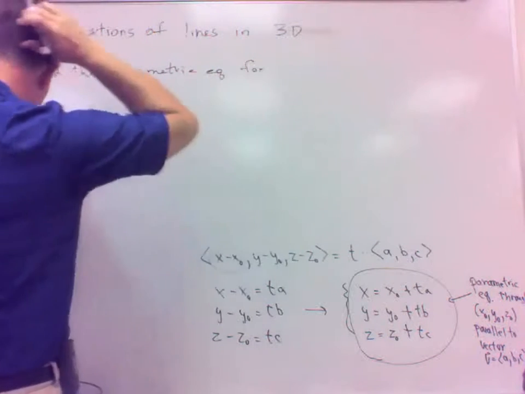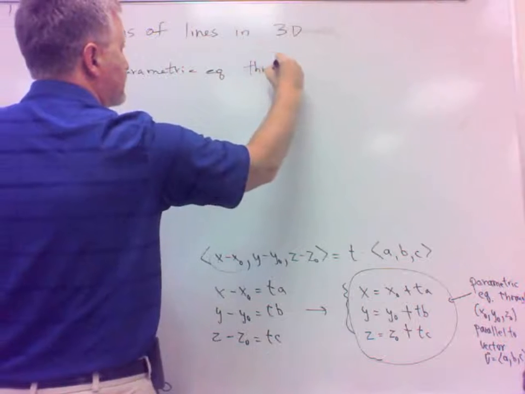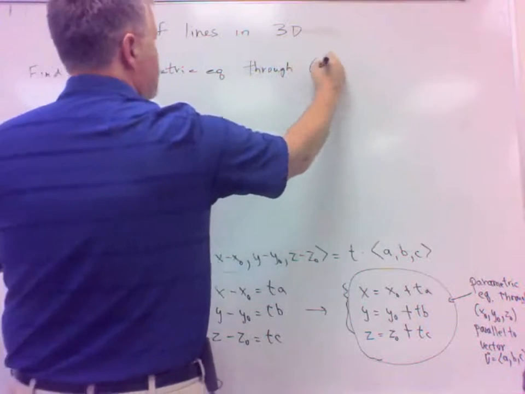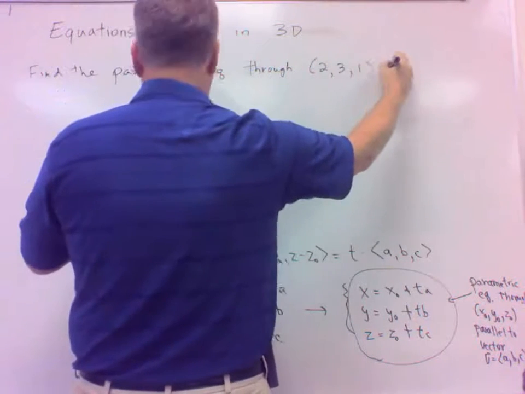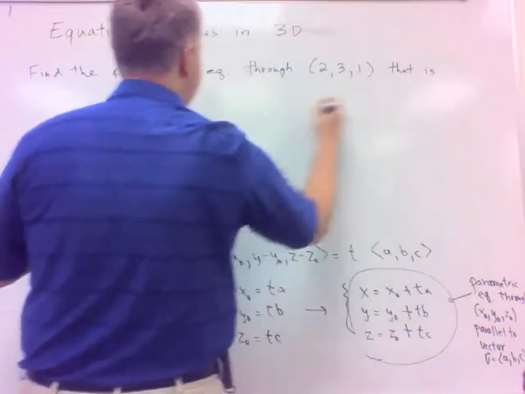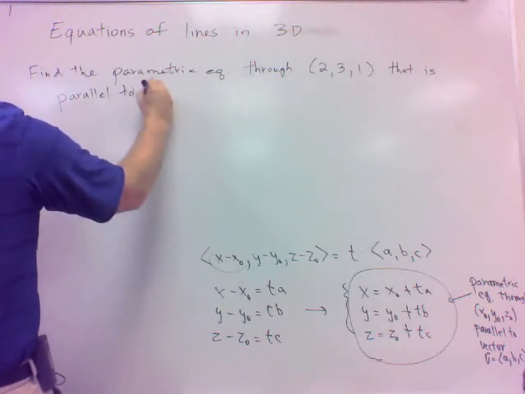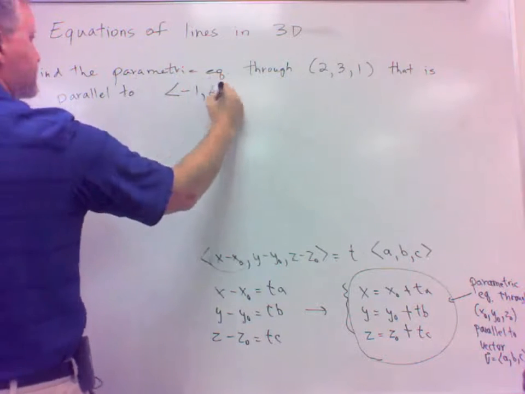All right, so let's find the parametric equation through 2, 3, 1. It's parallel to the vector -1, 6, and 5.